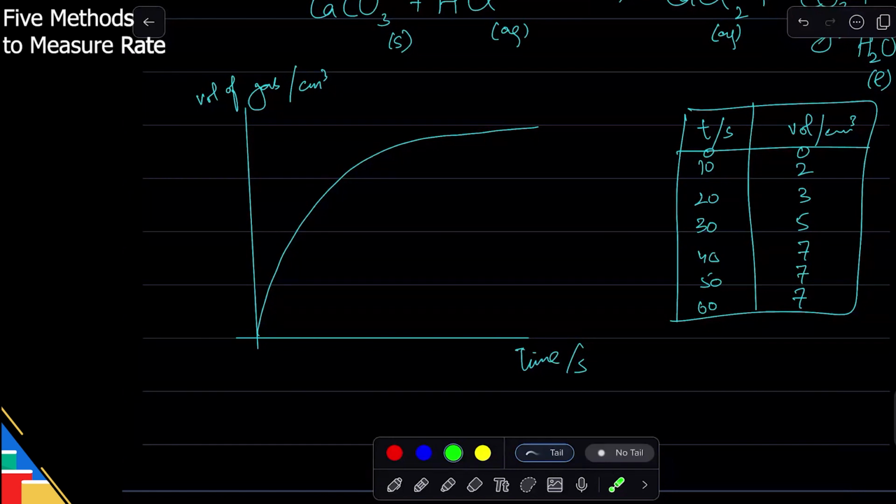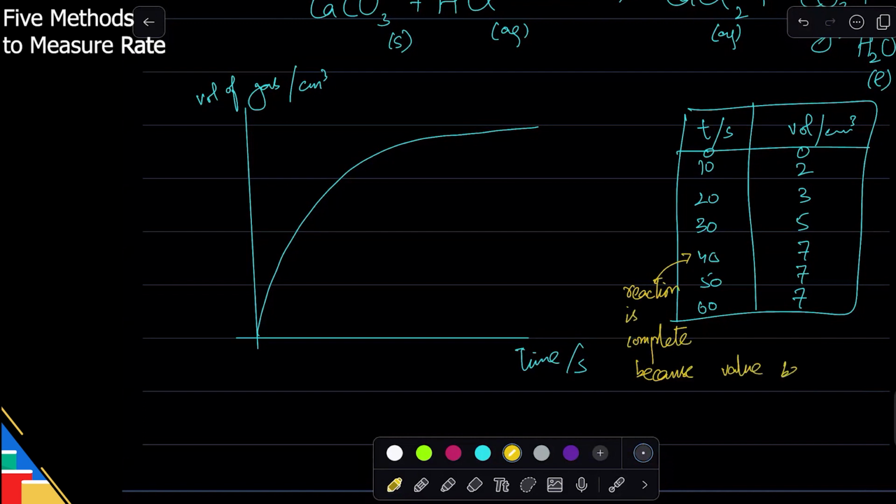So that's another thing about rate of reaction, that once the value starts to repeat, it becomes constant. We will know that reaction is complete. So reaction is complete because value becomes constant.